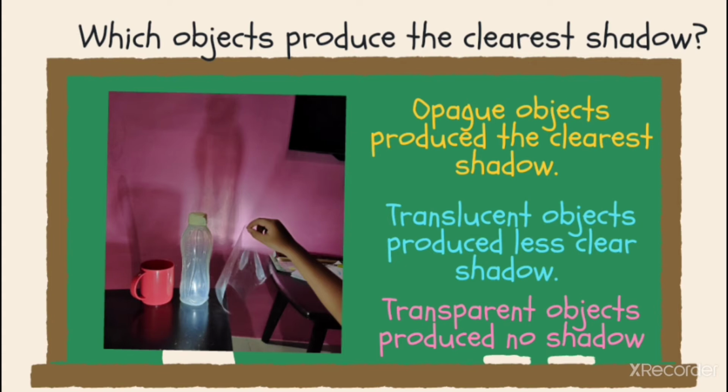So, translucent objects produce less clear shadow. How about the clear plastic sheet? Can you find any shadow formed on the screen? No. So, transparent objects produce no shadow.